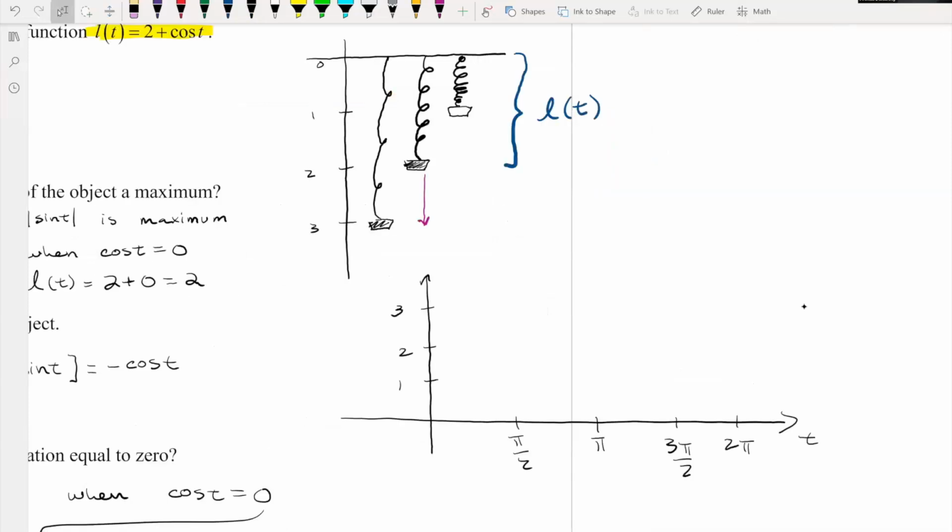If we pull this thing down to 3, it starts off at a length of 3. And then when we let go, it shortens to a length of 2, and then to a length of 1. And then it comes back down to a length of 2, to a length of 3. This is the graph. Not very well drawn, I know, but that's good enough. L of t is equal to 2 plus cosine t.